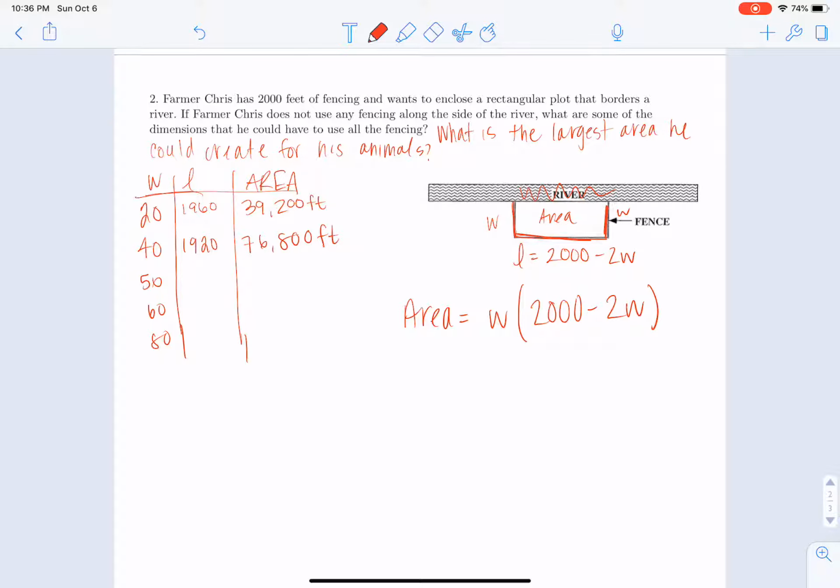So it looks like I've created this new equation here, and if I go ahead and distribute my W, my area is negative 2W squared plus 2,000W.